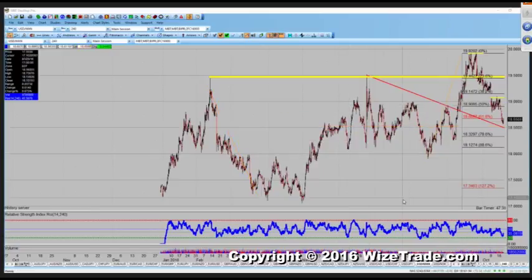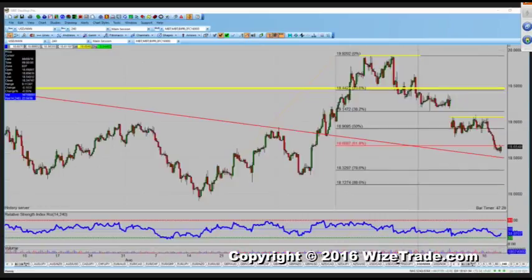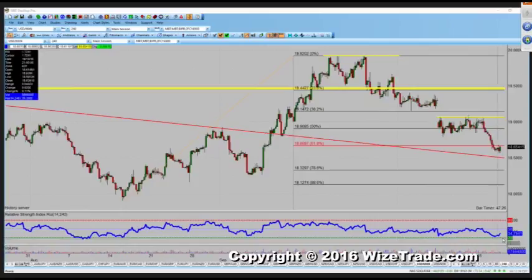So here, let's delete this for now. RSI is getting kind of divergent down here. I think any move down to 1850 should find some support.